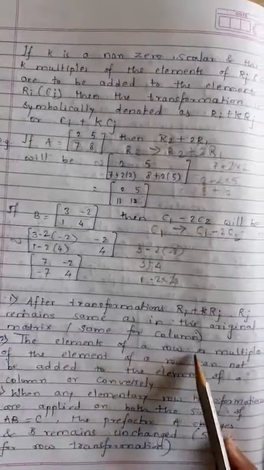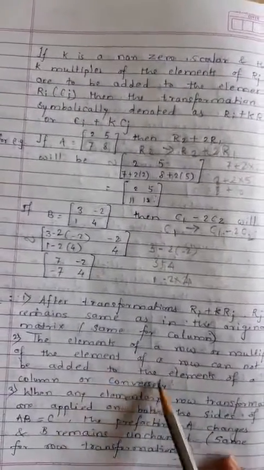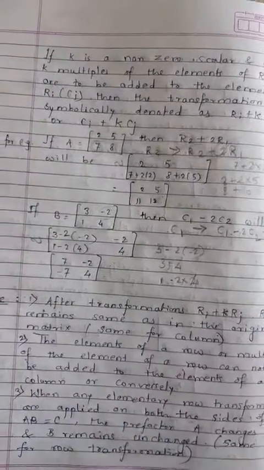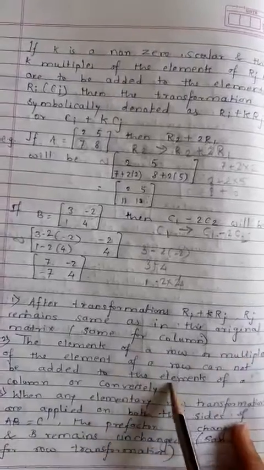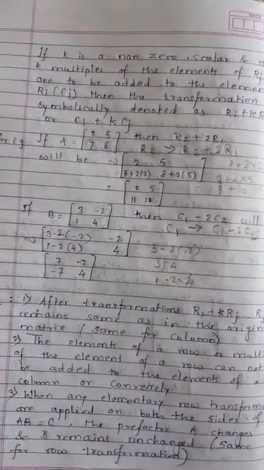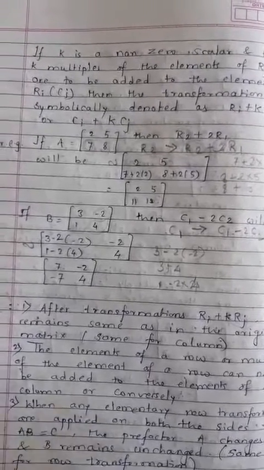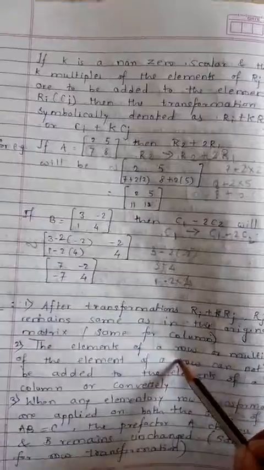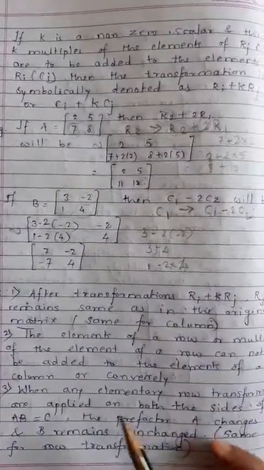Second, the elements of a row or multiples of the elements of a row cannot be added to the elements of a column or conversely. We will see this second note while seeing the examples.